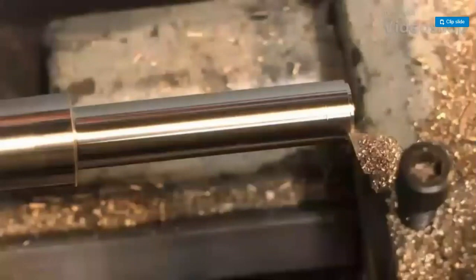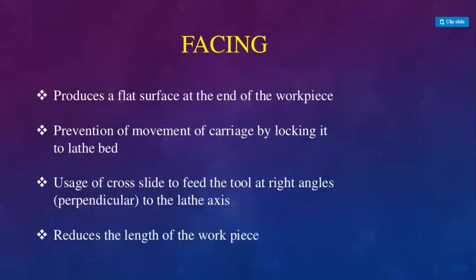Next, another operation is facing. Facing produces a flat surface at the end of the workpiece, and it prevents the movement of the carriage by locking it to the lathe bed. By facing, basically we reduce the length of our job.